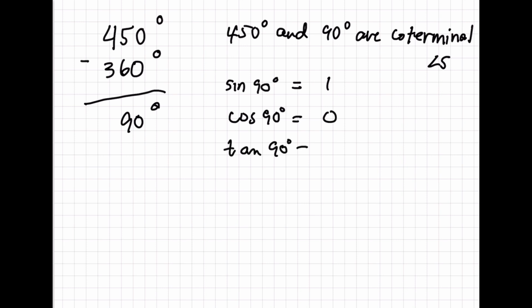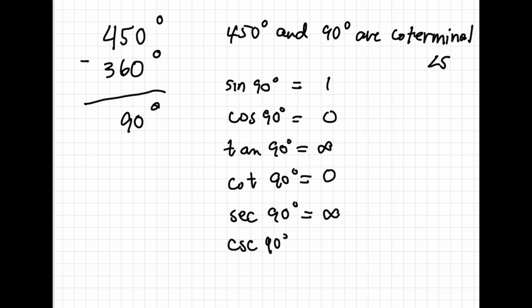Tangent is undefined. Cotangent is 0. Secant is undefined. And cosecant equals 1. So you can apply the same exact values to your angle 450 degrees. Sine of 90 degrees should be equal to sine of 450 degrees, and so on.